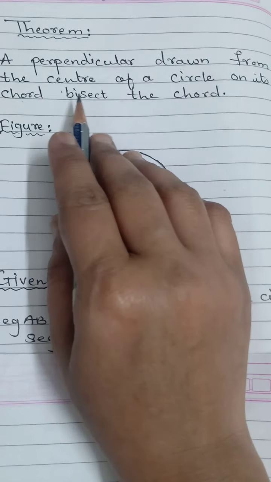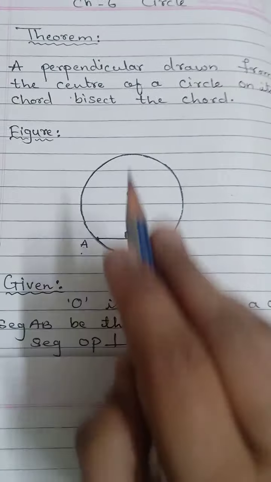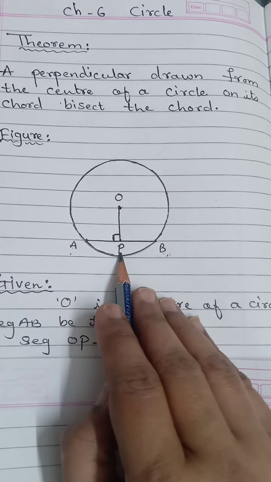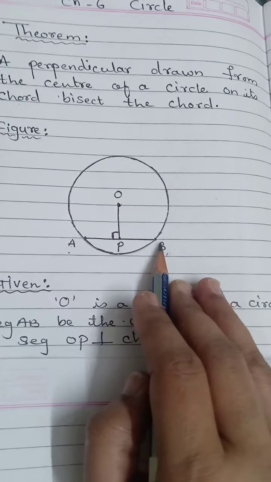Now, next, this perpendicular OP bisects the chord. It meets AB at point P, so this point P bisects the chord. Bi means 2 and sect means part. That means this point P divides the segment AB into 2 equal parts.